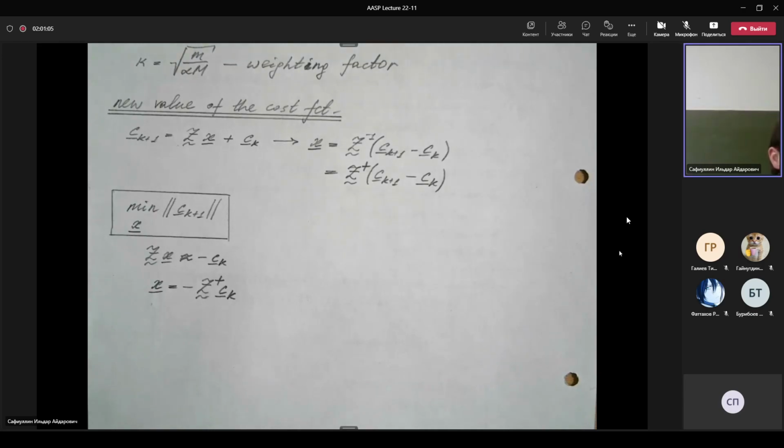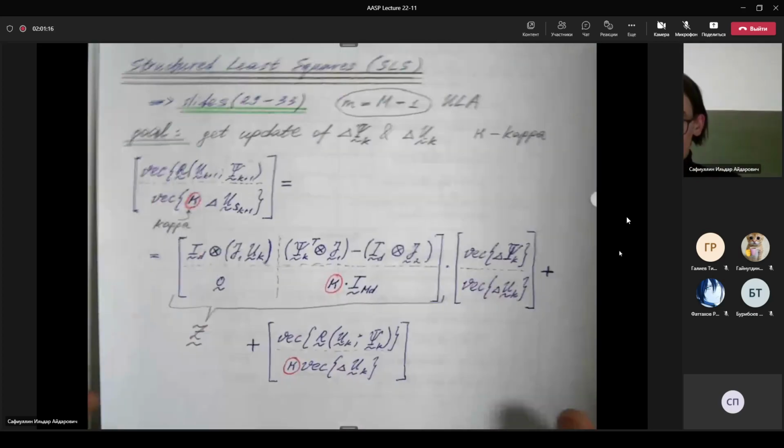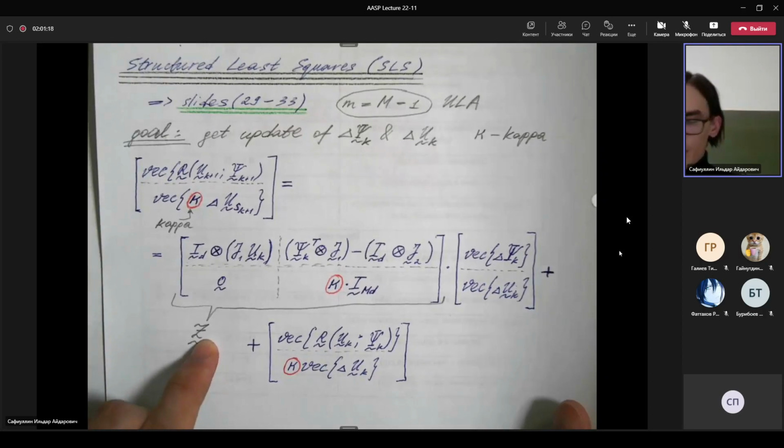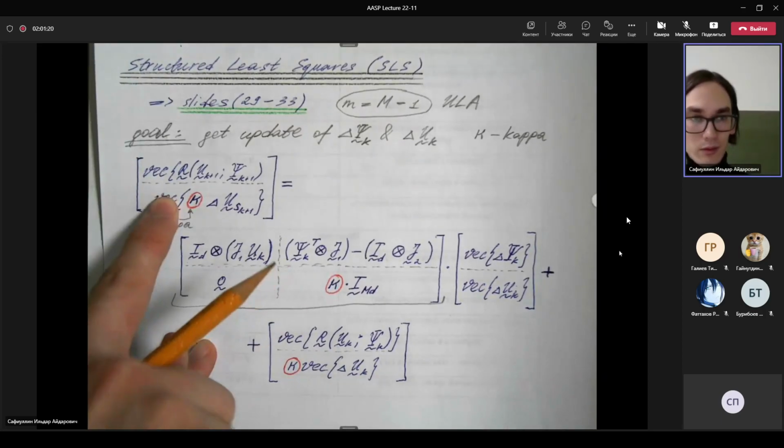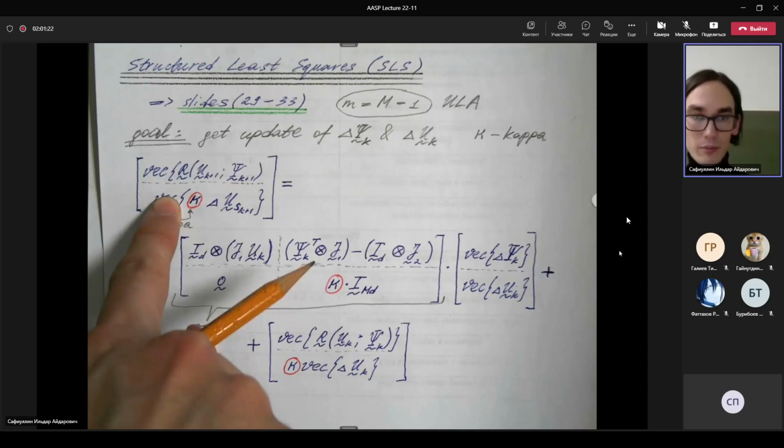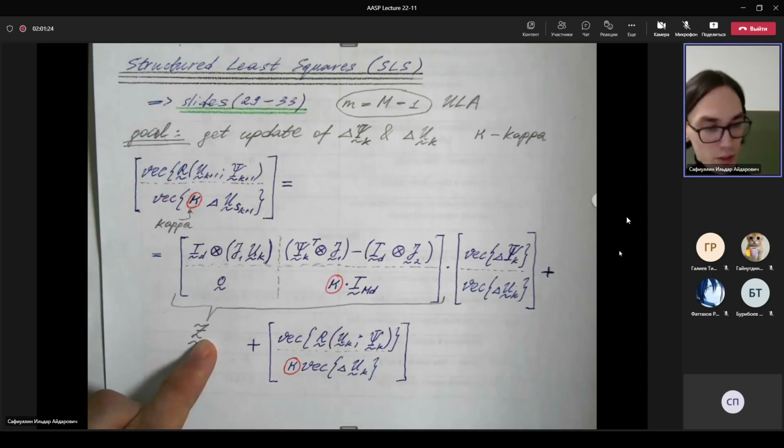So in this case, what we have here, let's go back to our z. So we have this z, we have this cost function for the next step.